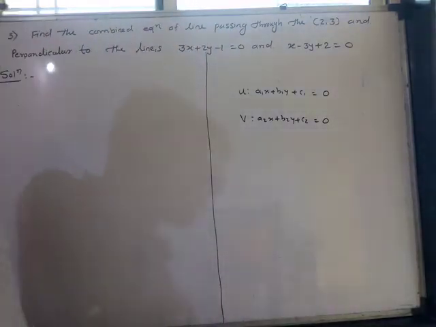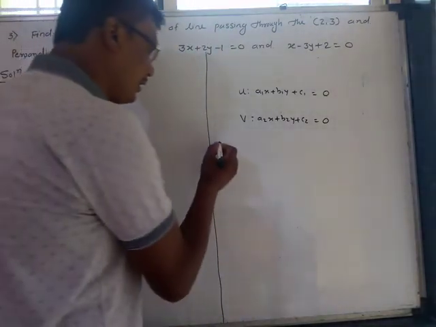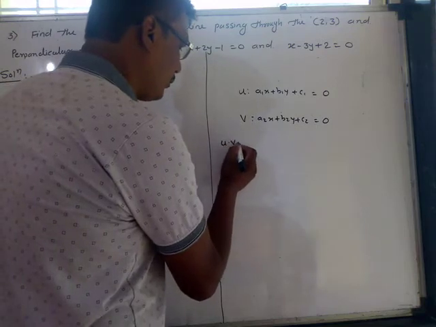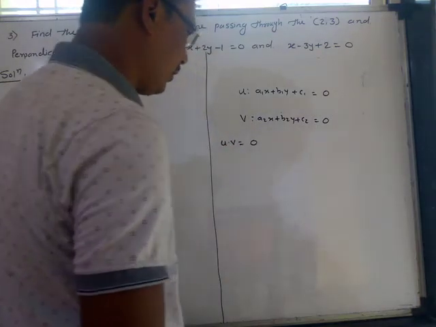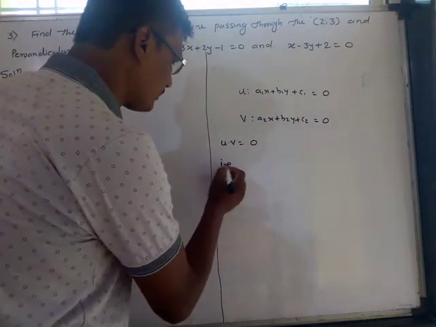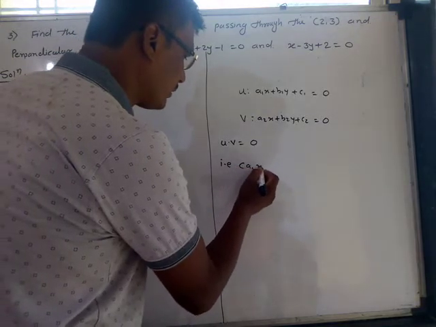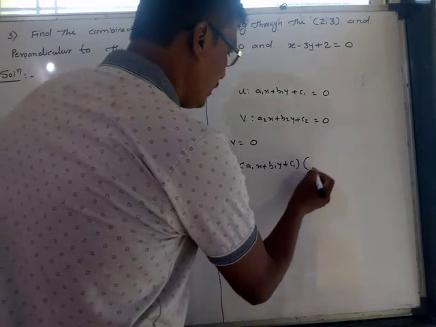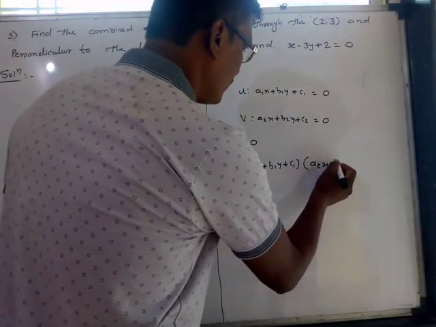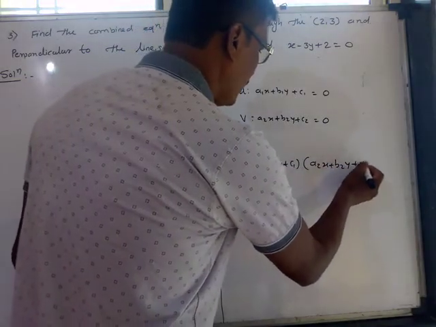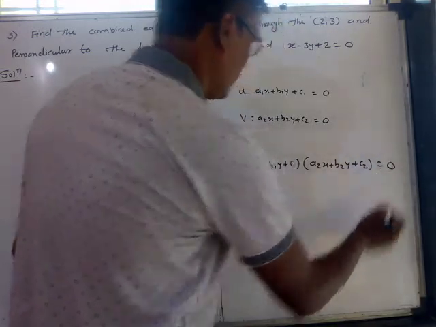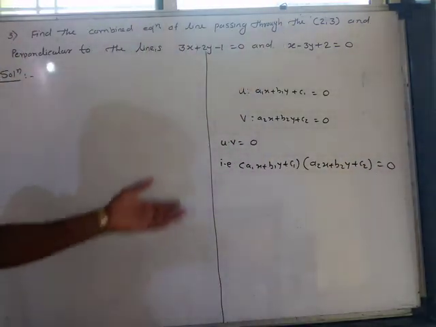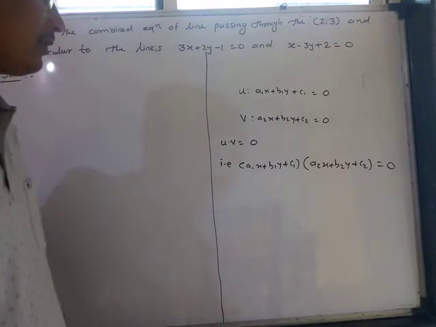Then the combined equation of the two lines is given by u into v is equal to 0, that is (a1x plus b1y plus c1) into (a2x plus b2y plus c2) is equal to 0. So this is the combined equation of the two lines.